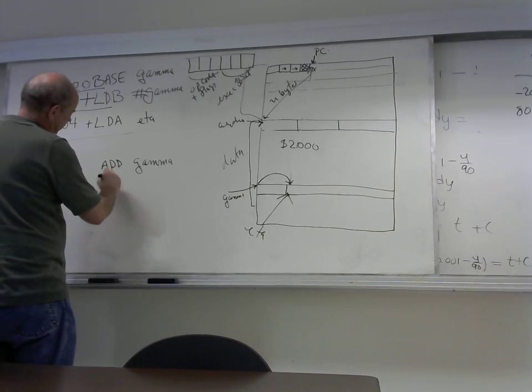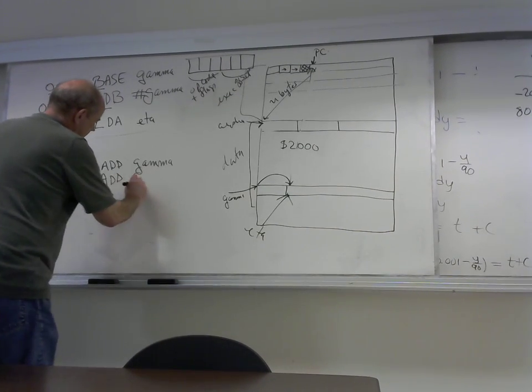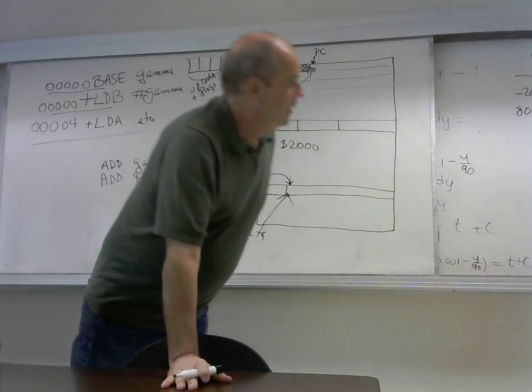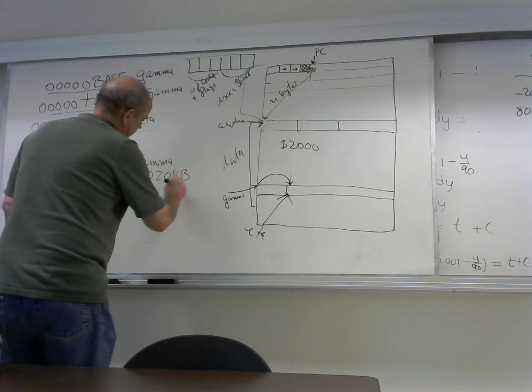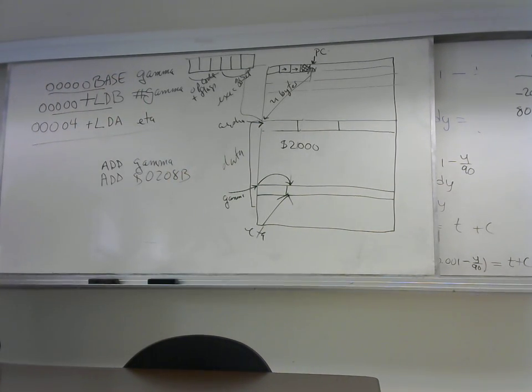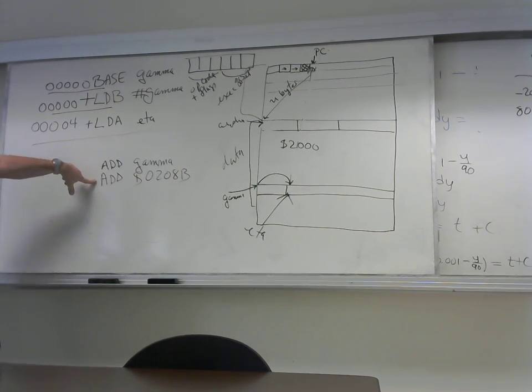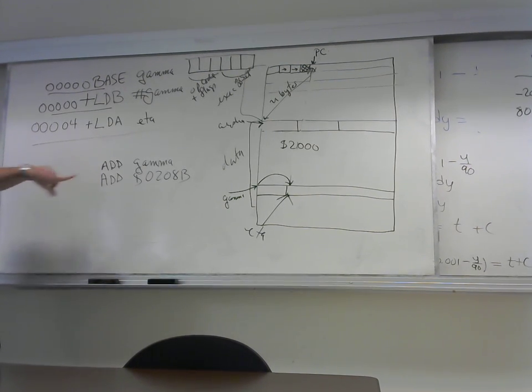And is that any different from add 0208B? Those do the same thing, precisely the same thing, right? So with this one, your assembler looks it up and inserts this address when it assembles the code. So those two instructions do exactly the same thing. This mode is grayed out in the top of that chart I gave you. It's still legal. You can still do it.